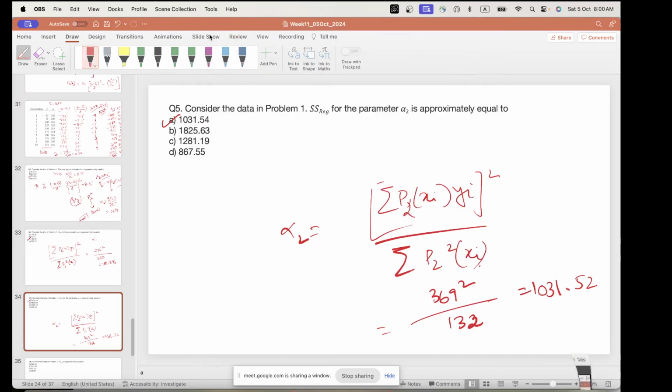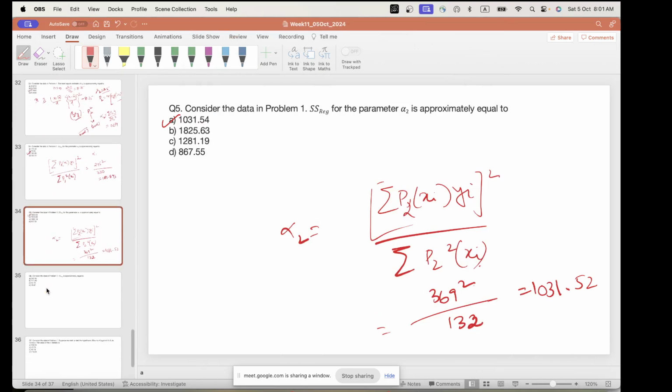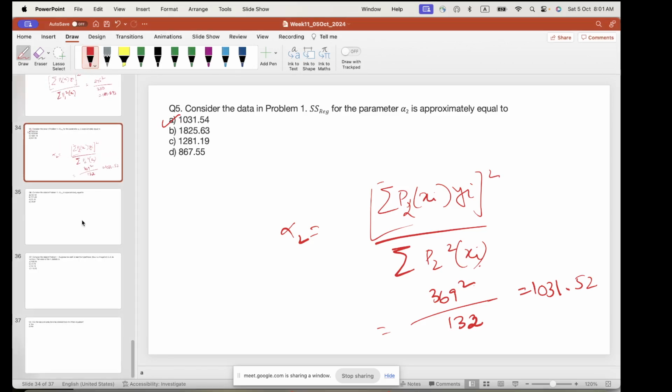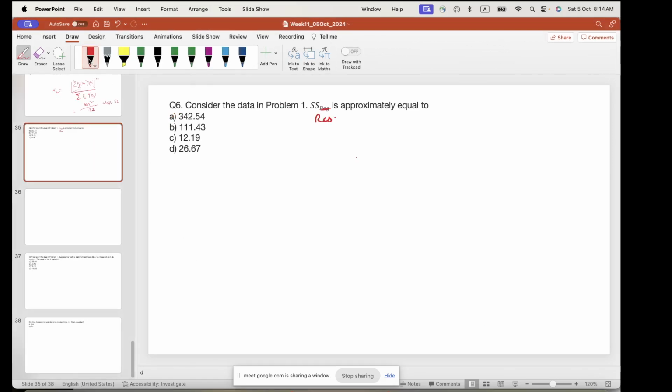Okay. Moving on. So for this one, SS residual is actually SST minus SS regression due to alpha 1 minus SS regression due to alpha 2.